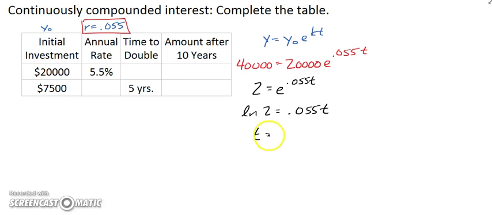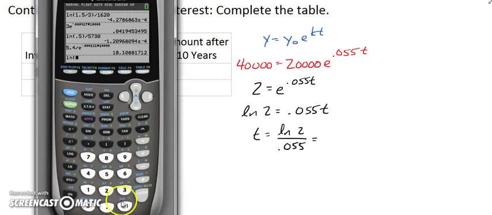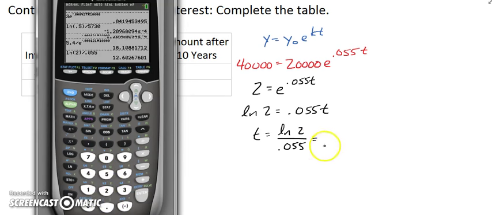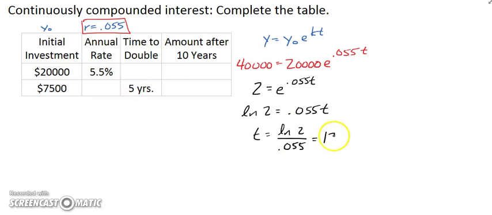And then you know that t is ln of 2 divided by 0.055, which gives you a value of about 12.603. And that's a time, so that's in years.